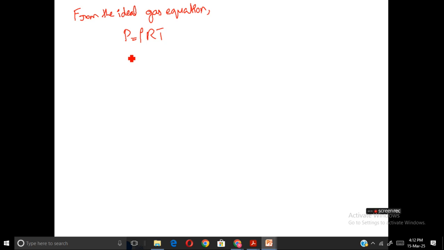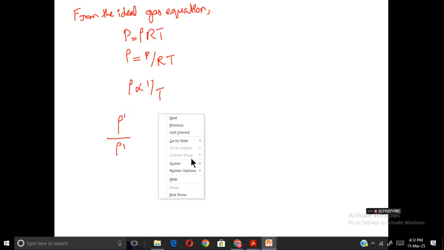We can write rho is equal to P by RT. Rho is proportional to 1 by T, so rho by rho dash can be written as T dash by T.